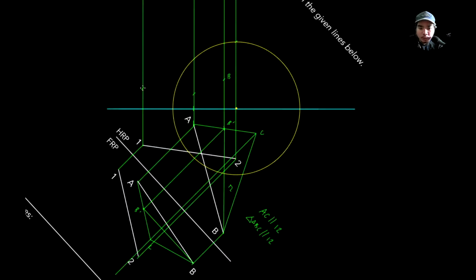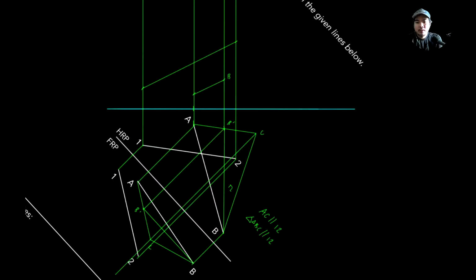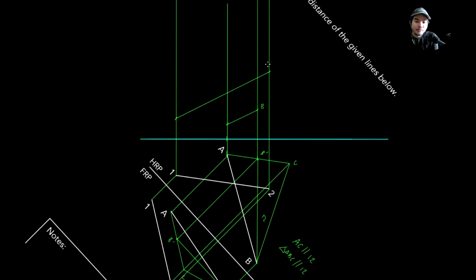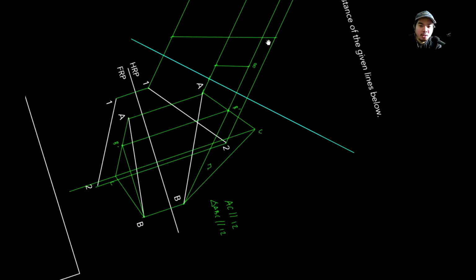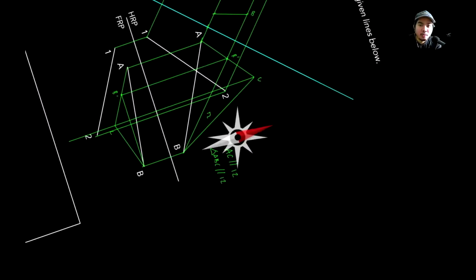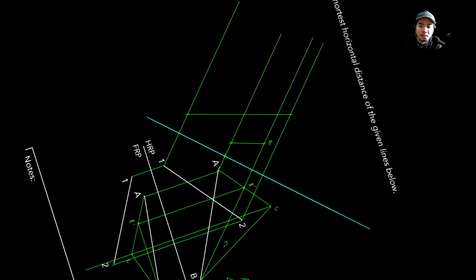If you look at it, ito is parallel to this line. Yeah. Okay? So, di ba, nung nag-SD tayo, ang next step natin would be to create a parallel na reference plane dito, no?